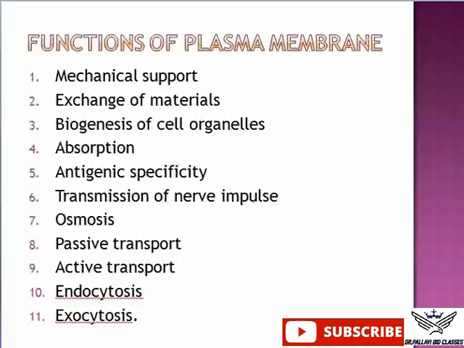Next is biogenesis of cell organelles. The plasma membrane also helps in the formation of some cell organelles like the endoplasmic reticulum, the nuclear membrane, etc.